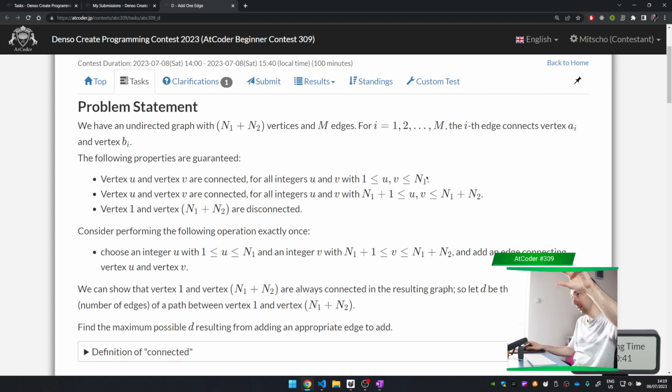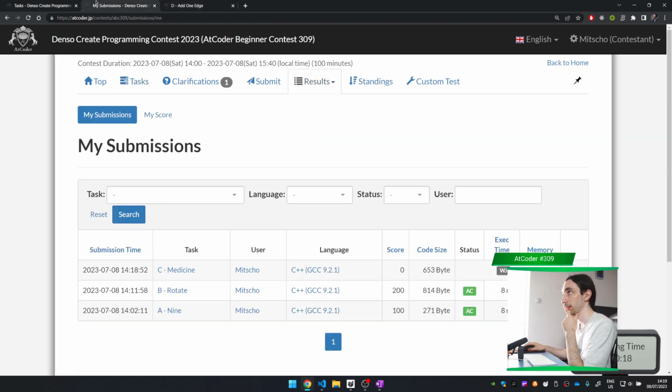So there's like a clique in all N1 vertices. And then they're connected for all of these. So there's another clique. The two cliques are vertex 1 and vertex N1 plus 1. These are disconnected.